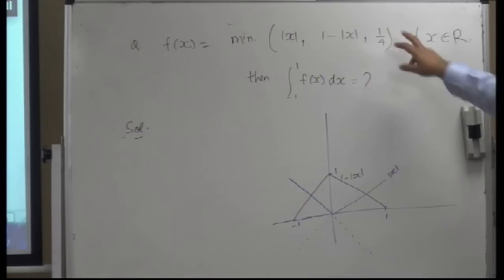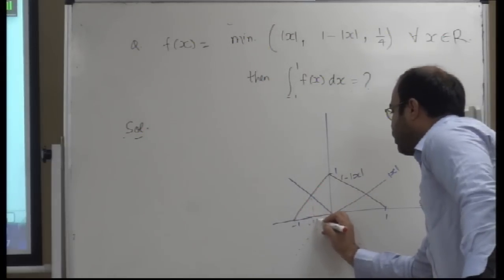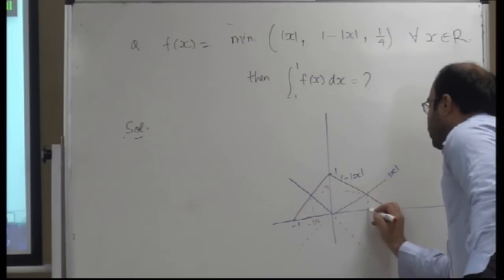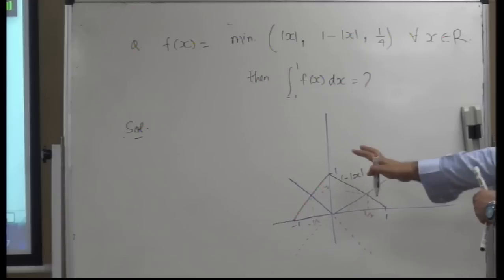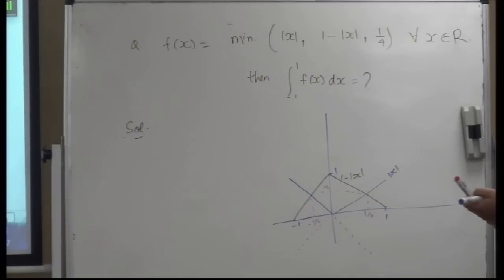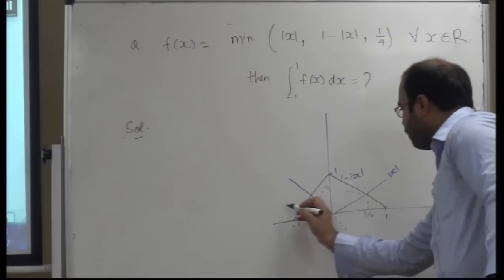Next we have a constant function 1 by 4. And where will this 1 by 4 come? This point is actually half, midway, and this is also half. A little non-symmetrical figure has been drawn, but it is symmetrical from both sides. And 1 by 4 is a line which is below half and above 0, in between both of them.